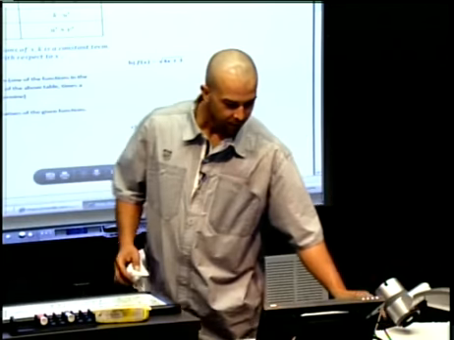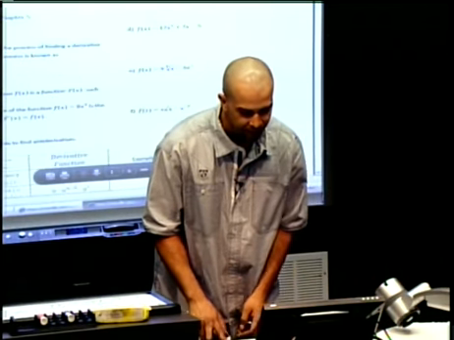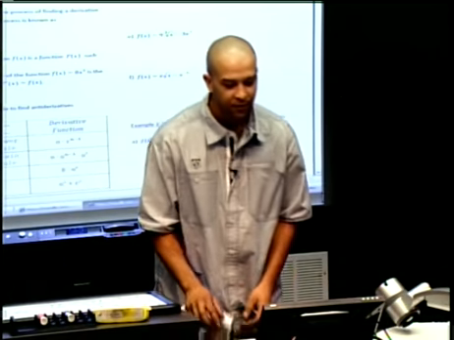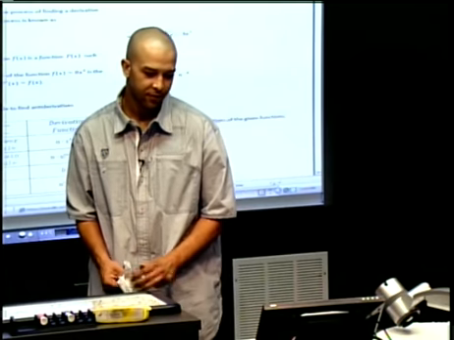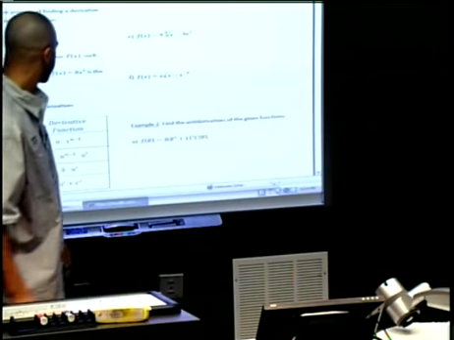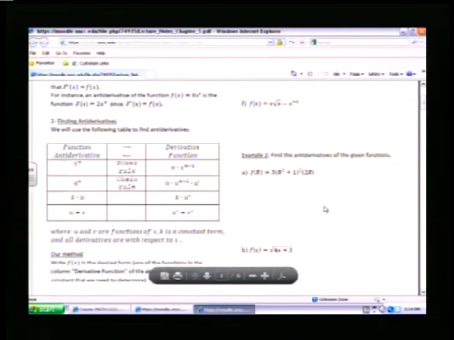Where's that at? Example 2A, section 5.1. It's right here. You see it? Well, I didn't get that one. Okay, we should go over that.